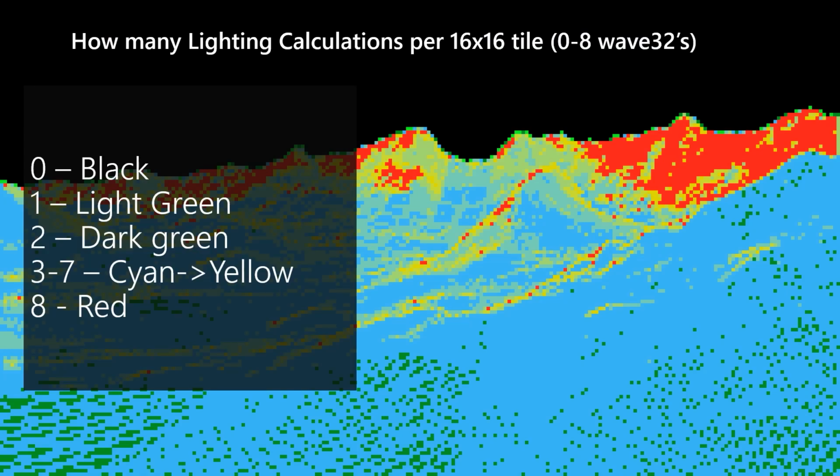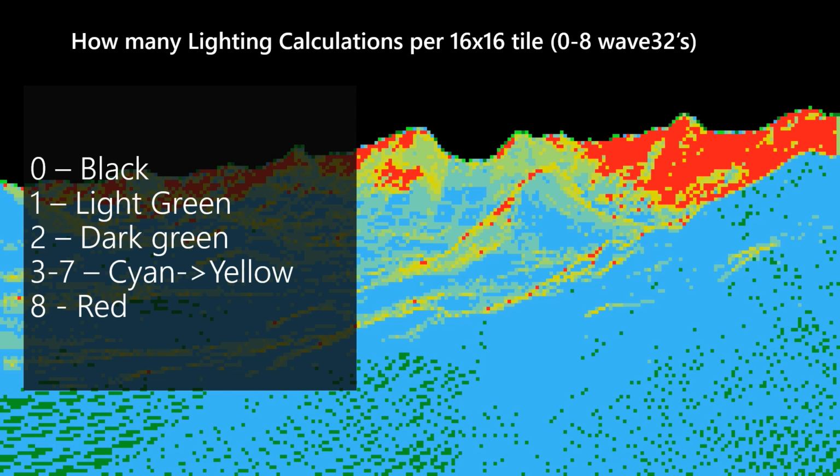So this is our count buffer visualized to show how many waves we need to execute. So the sky is black. We don't need any waves at all.